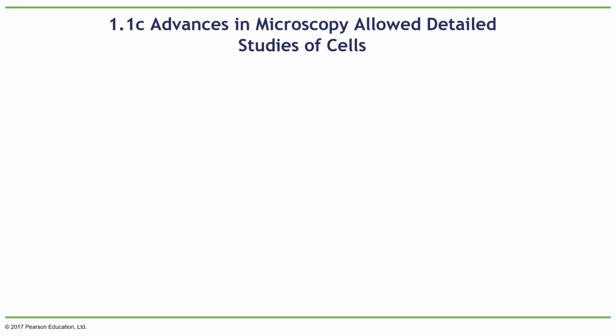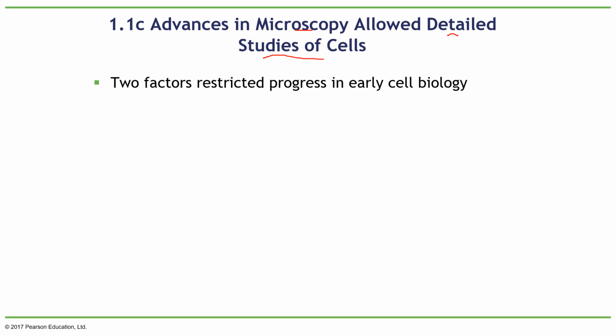So now that we've talked about these guys, we're going to talk about the importance of microscopy, which allowed detailed studies of cells. During the semester, we will talk about multiple types of microscopy and how they were very important. Without them, there was a restriction in the progress of cell biology in the beginning.